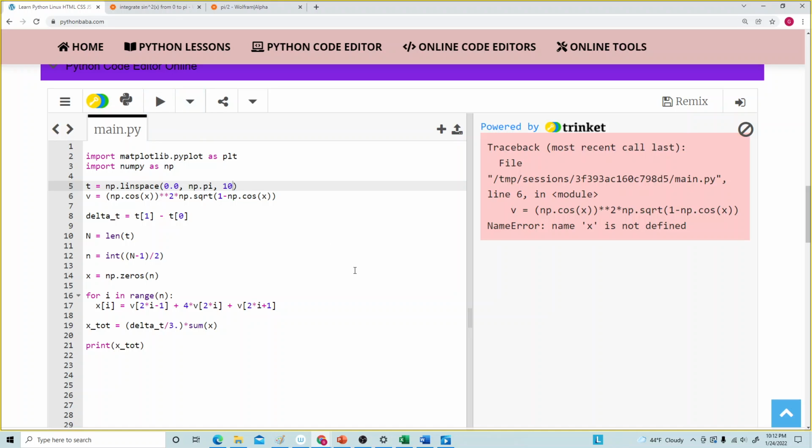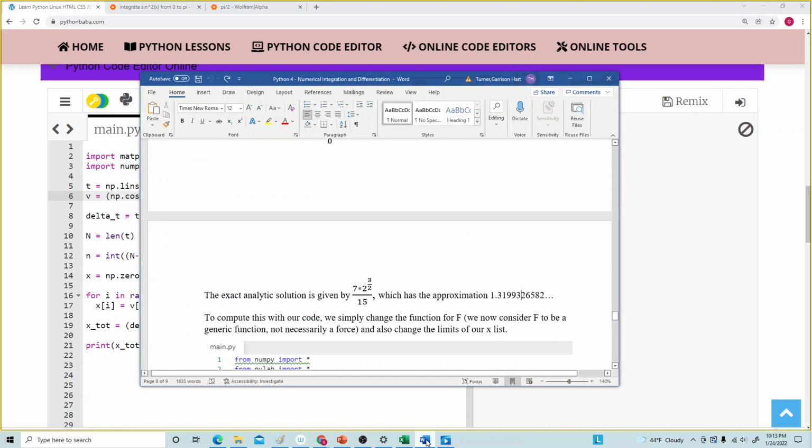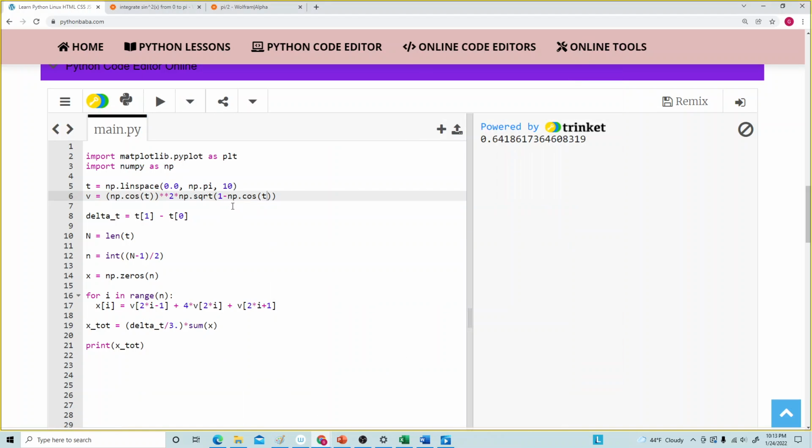Whoops, that's because I need these to be t's. So let's see. Okay, so 0.64, not real close to 1.3, actually almost half off, right? Almost half off. But if I increase to 100, what happens now? Ooh, 1.24.